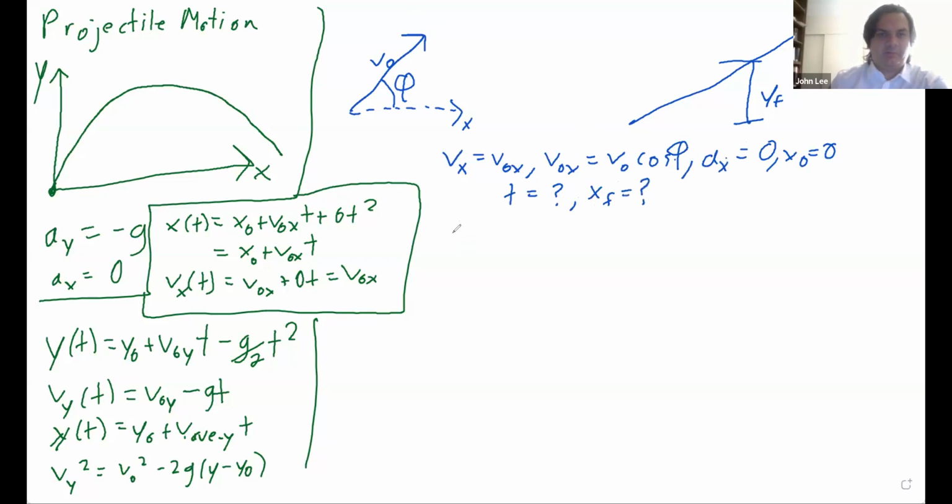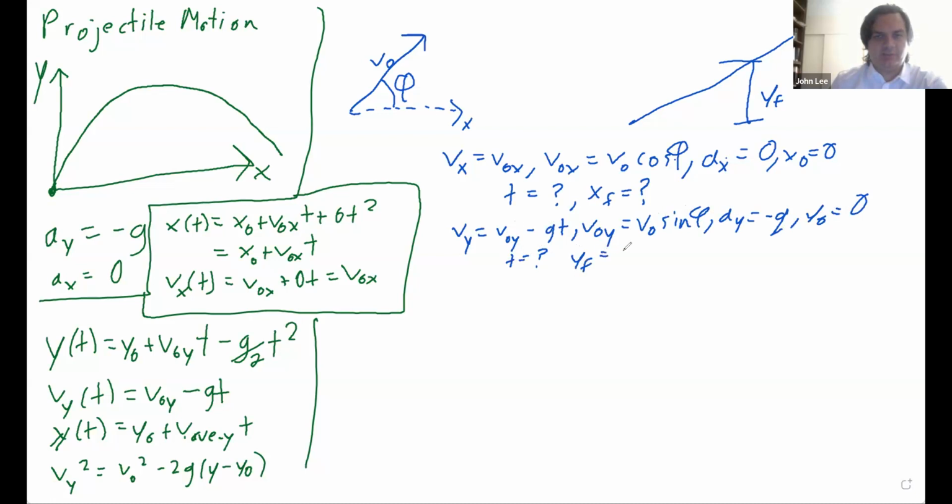Whereas for the vertical motion, we have vy equals v naught y minus gt, v naught y equals v naught sine phi, ay equals negative g, y naught equals 0, t equals question mark, and y final equals question mark.